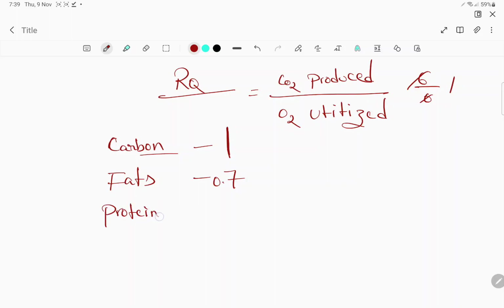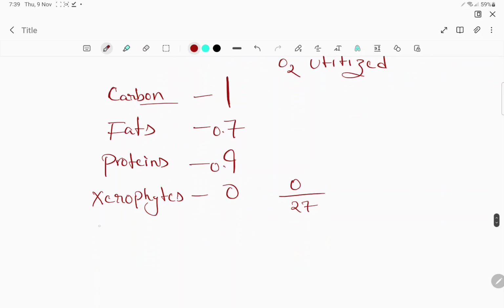Proteins: write P in reverse, 0.9. Next, xerophytes or succulents: 0, as they don't produce any carbon dioxide. Assume 0 by 27; 0 by anything is 0. And in the case of organic acid, infinity. Assume 27 by 0; it would be infinity only.